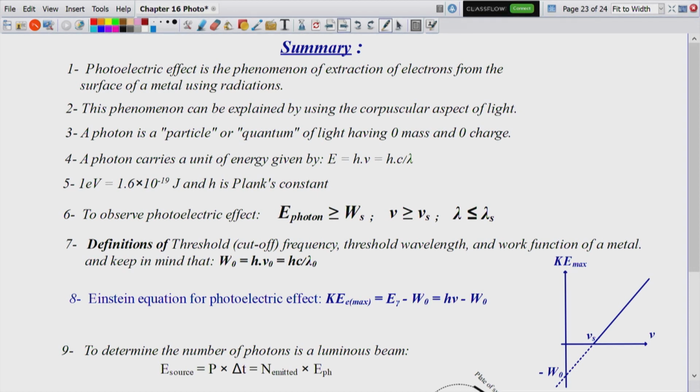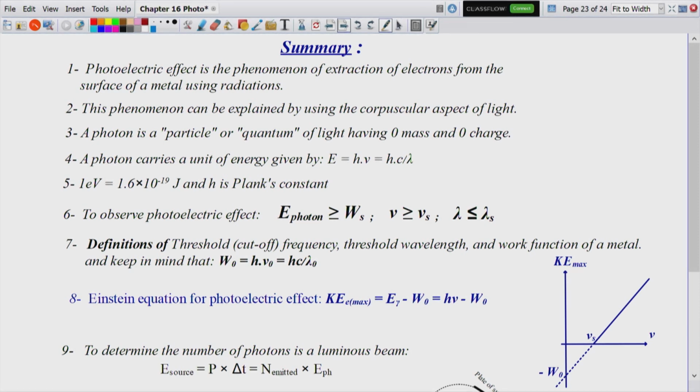Definition of threshold frequency: here I added the words cut off; if you search on Google you will find cut off frequency, which is the same. Okay? Threshold wavelength and work function, we must know them, and keep in mind you can directly use W0, the work function, equals h nu 0 and hc over lambda 0.